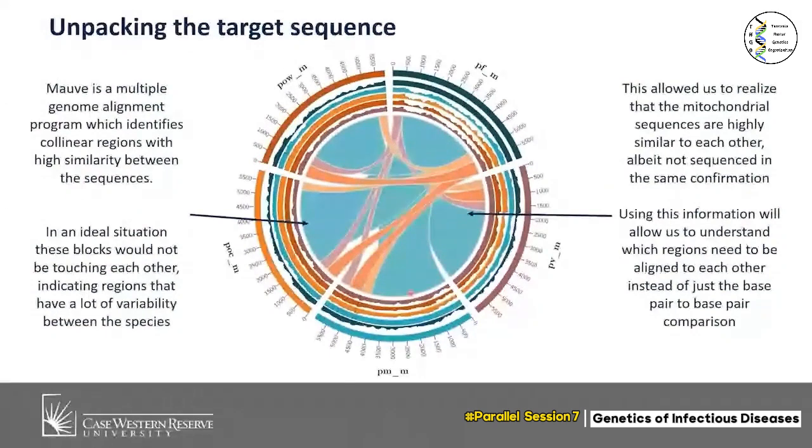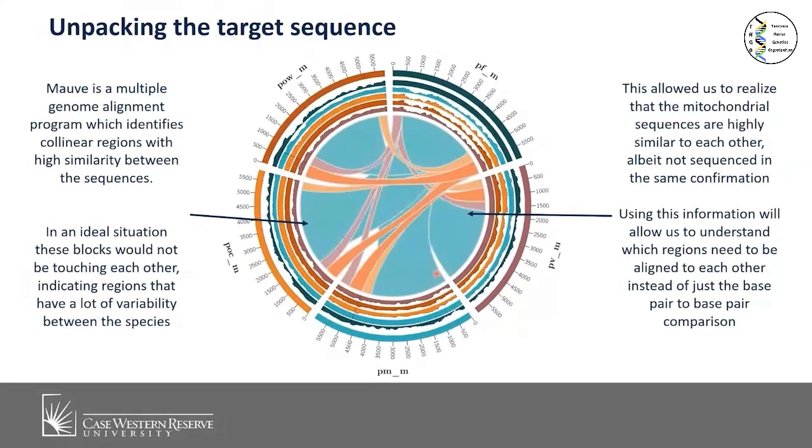But as you can see here, all of the species actually have touching LCBs, which means that we're working with something that is very similarly related to each other. And another thing I just want to note, in case you're looking and say, hey, there is a difference because the order of the colors is not the same per species.